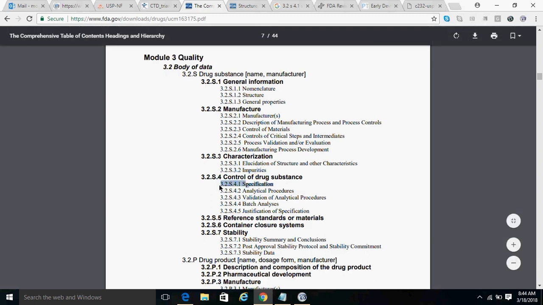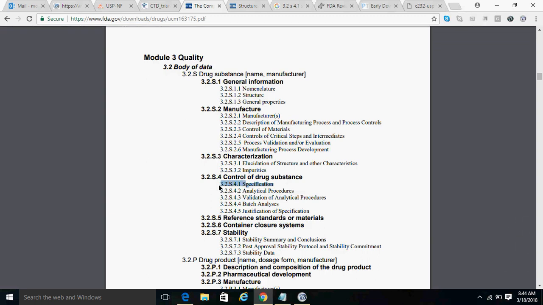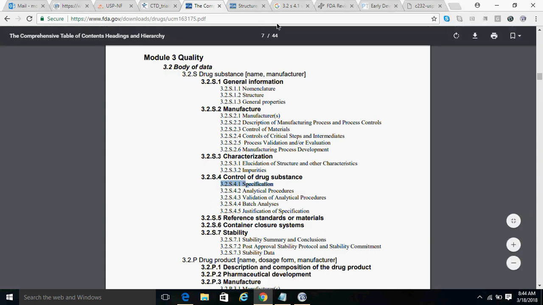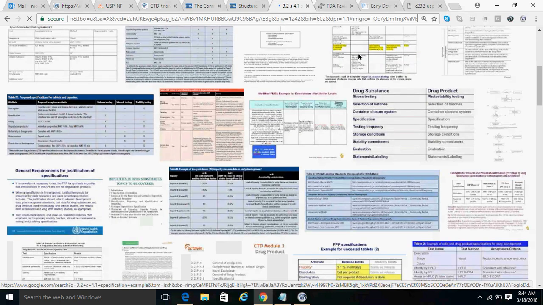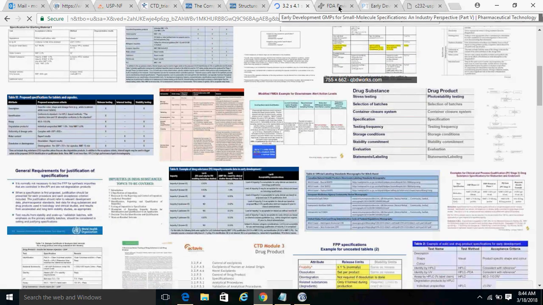Let's go to the specification section, 3.2.S.4.1. Every drug has a specification section. For example, I can show you one example here. In Google, if you type, let's see, not this one, guys.